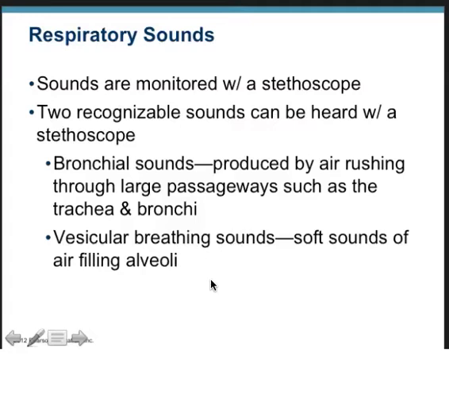And it's generally an indication of perhaps an infection of the respiratory system or some other type of obstructive disorder, basically a block to the air getting in and out of the lungs.